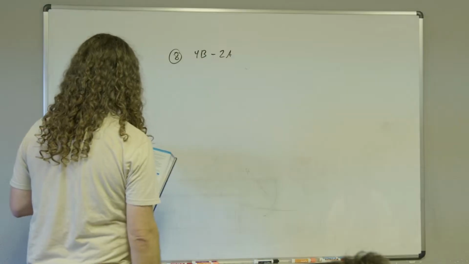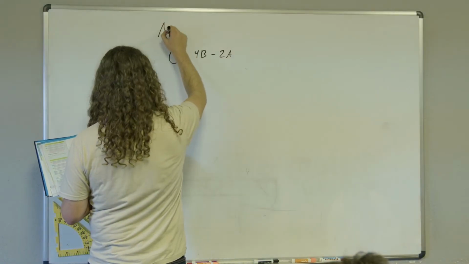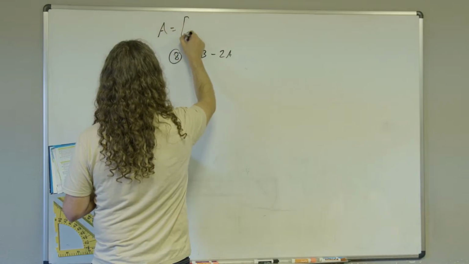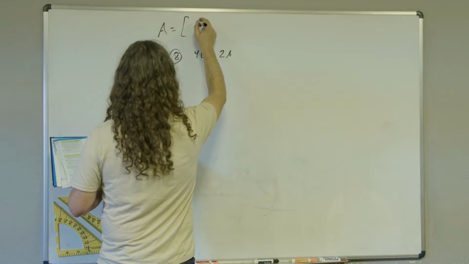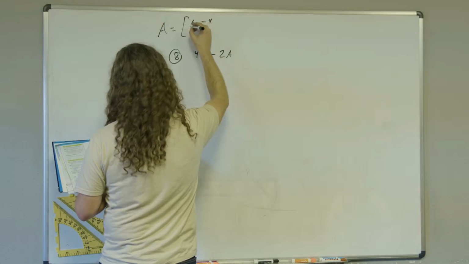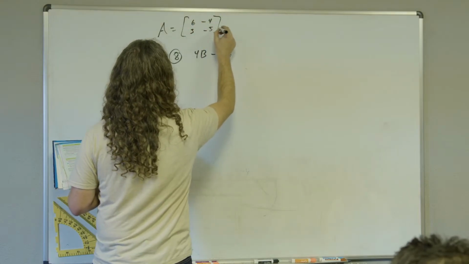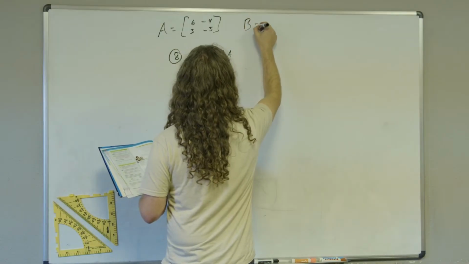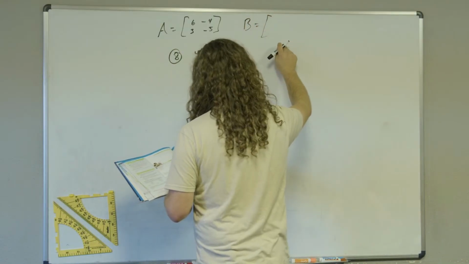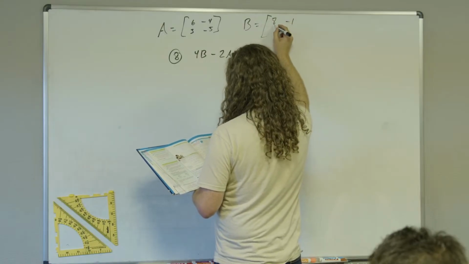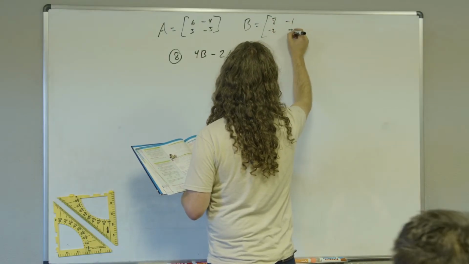8 says we do that, and it also tells us that A is the matrix 6, negative 4, 3, negative 5. And B is the matrix 8, negative 1, negative 2, 7.